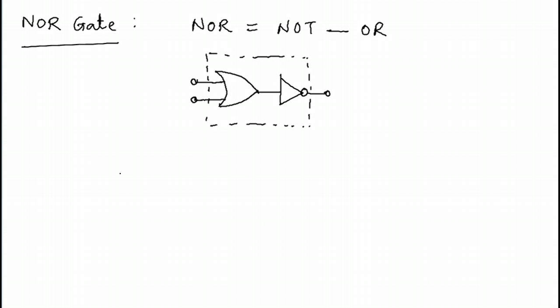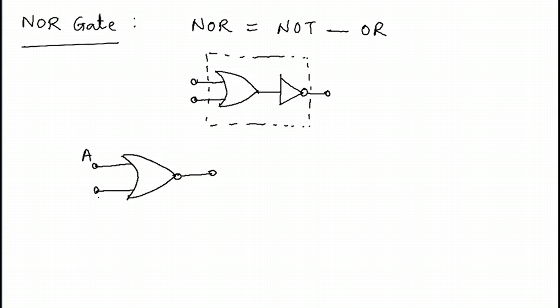But before that, let me draw the NOR gate in the standard way. Standard way to draw the NOR gate is to draw an OR gate like that and put a small circle over here symbolizing the NOT gate. So this would be the output, and since it's a two input terminal NOR gate which we are talking about currently, you draw 2 input terminals like that. So that's the standard symbol for a NOR gate.